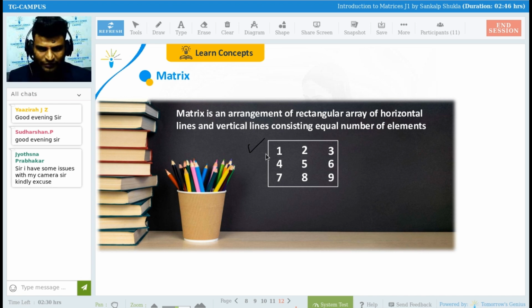So 9 numbers are written, but they are in the proper pattern. I'm sure you got that point. 1, 2, 3 is there, 4, 5, 6 is there, 7, 8, 9 is there. Each element is just behind the previous element and the proper flow is maintained. You can see the proper pattern using these red dotted lines.